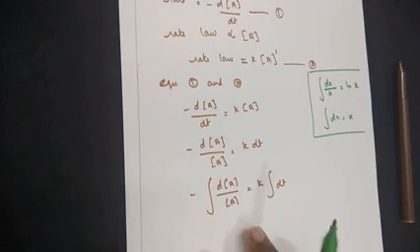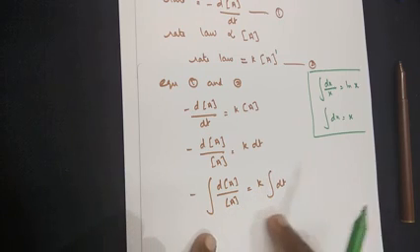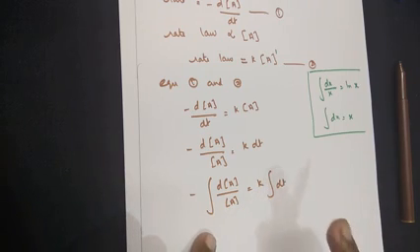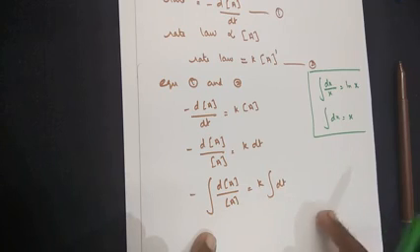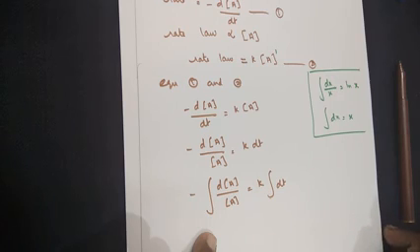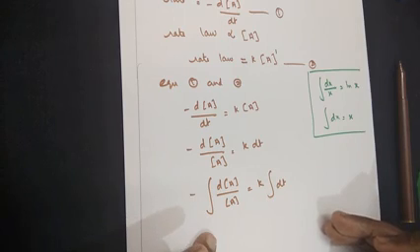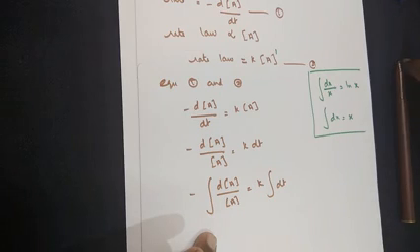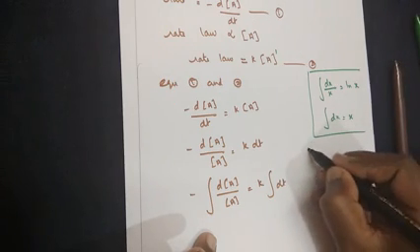And one more thing, we are going to integrate it within the limits. If you remember the very first day's class, we calculated the rate in terms of the final concentration minus initial concentration and the time relevant to it. So those conditions, both in terms of the concentration and in terms of time, should be mentioned. So let's take it as a shortcut here.